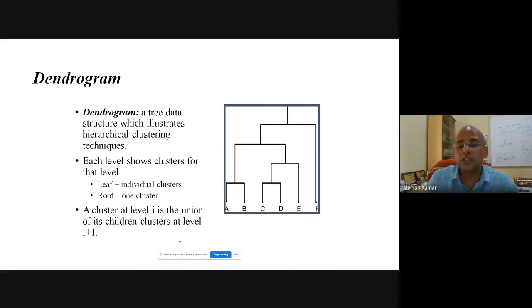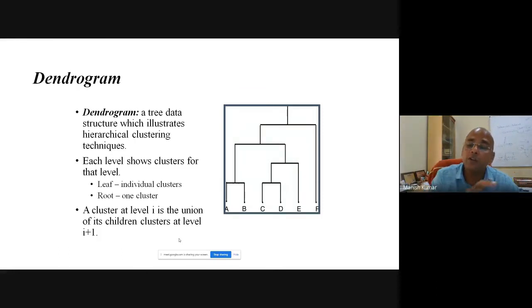As I told you, you can draw a line. If you draw a line at the lowest level, then individual data points will be clusters. If you go one level above, you will have four clusters. Above that, three clusters. Above that, two clusters. And above that, all the points will form one cluster itself.